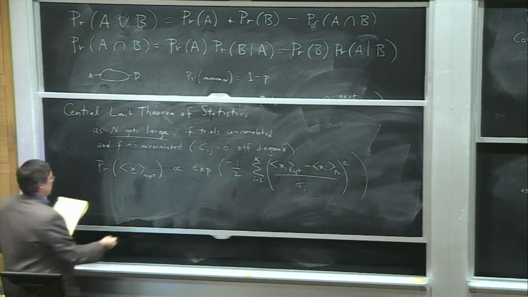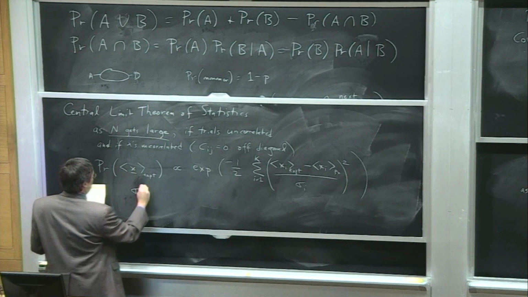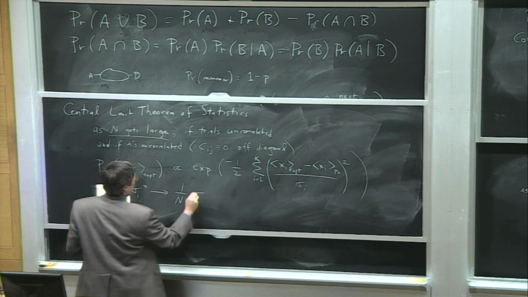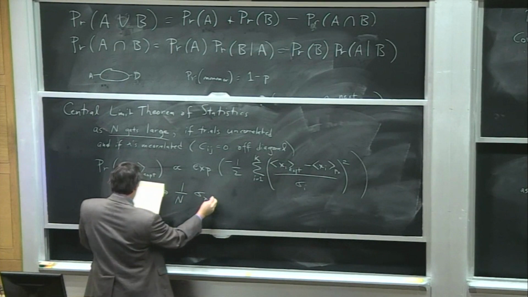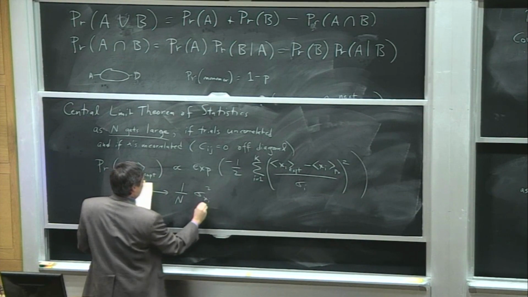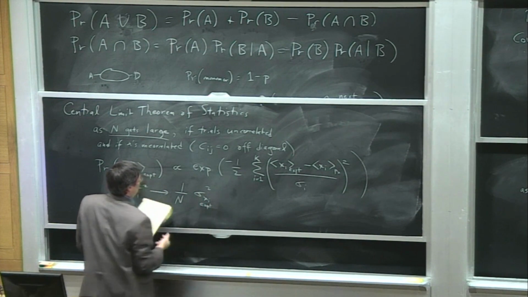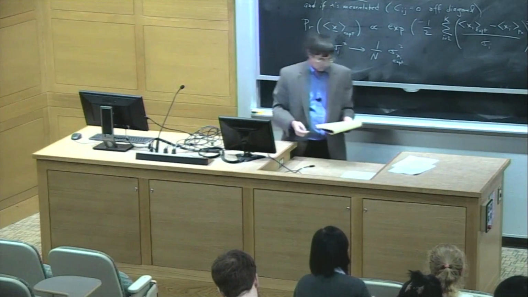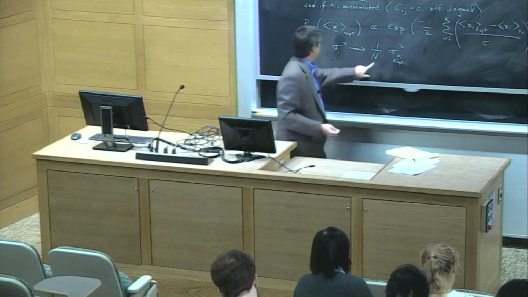And sigma i squared in that limit goes to 1 over n sigma xi squared experimental. And this is really important.